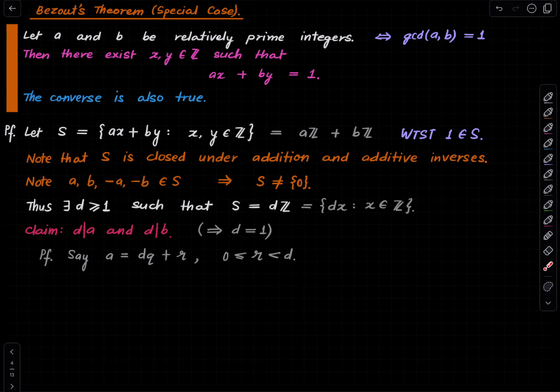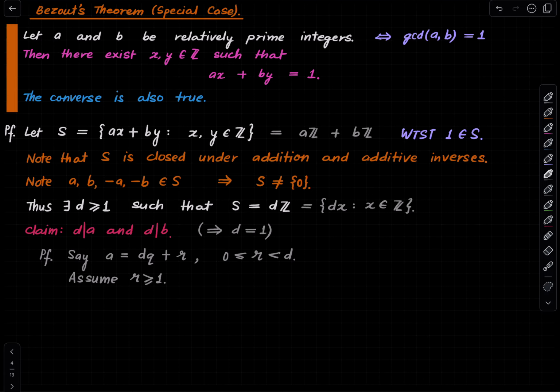And once more, if R is 0, then we are done. So assume R is at least 1, and we want to bring a contradiction. Right? Once we bring this contradiction, the proof will be over.